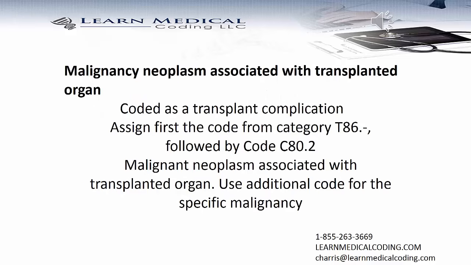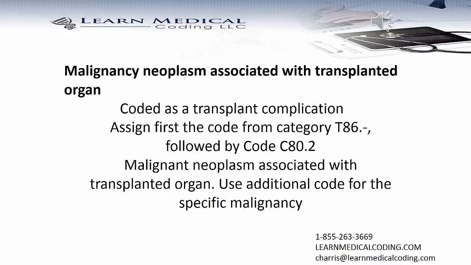Malignancy neoplasm associated with transplanted organ. You will need at least 3 codes to describe this diagnosis. First, you will code a transplant complication because a malignancy of a transplanted organ is considered to be a complication. So you will be coding from category T86.